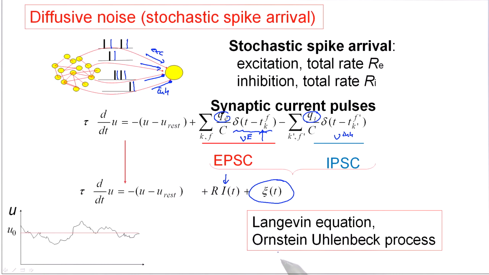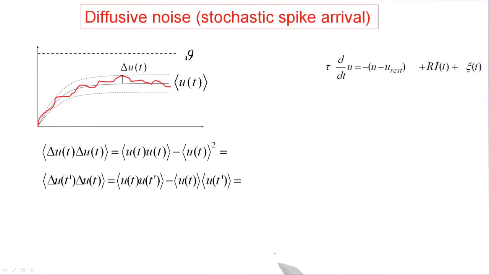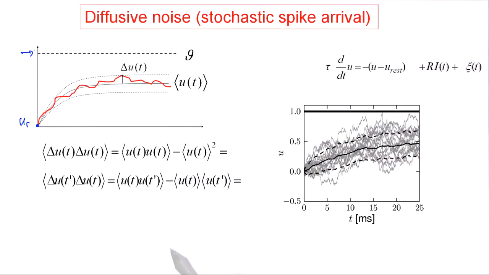Now normally, in this Ornstein-Uhlenbeck process, we don't have a threshold. A real integrate-and-fire model, however, does have a threshold. Suppose now that we simulate an integrate-and-fire model. After a spike, we start at a reset potential UR, and we integrate up to the threshold theta. And we do this several times.